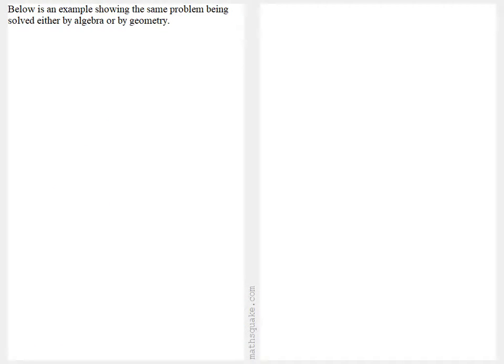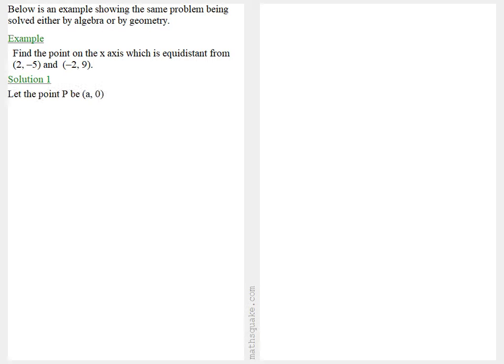Now below is an example showing the same problem being solved either by using algebra or by using geometry. The problem is this: find the point on the x-axis which is equidistant from (2, minus 5) and (minus 2, 9). Well, solving it as an algebra problem, let P be the point on the x-axis and let it have coordinates (a, 0).